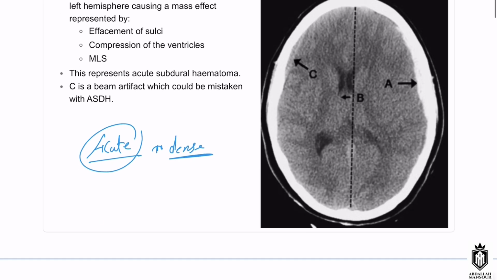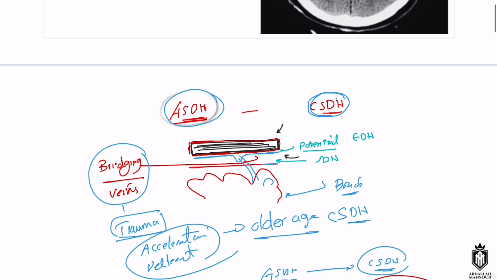To understand this, we explained here that the meningeal layer is continuous with the periosteal layer, or the periosteal layer is continuous with the periosteum on the outside, in the suture lines. So if you have an extradural hematoma here, it will not cross these suture lines. But if it's a subdural hematoma, it will easily cross the suture lines.